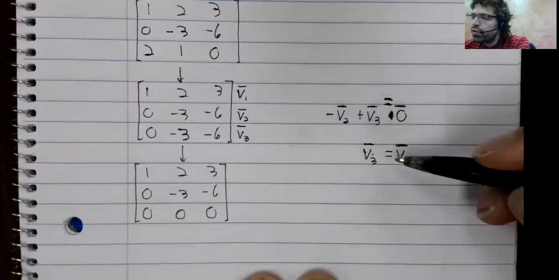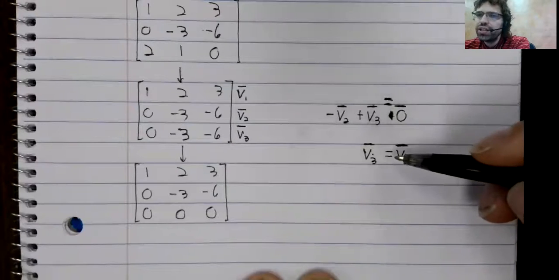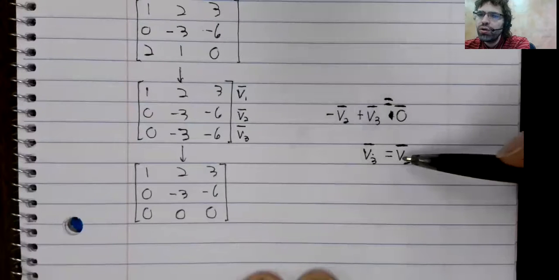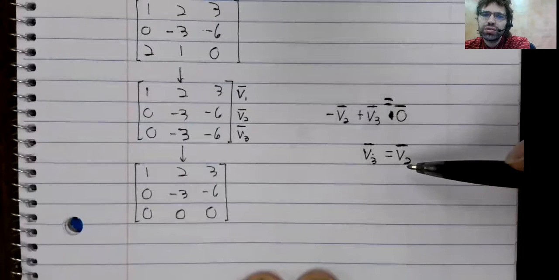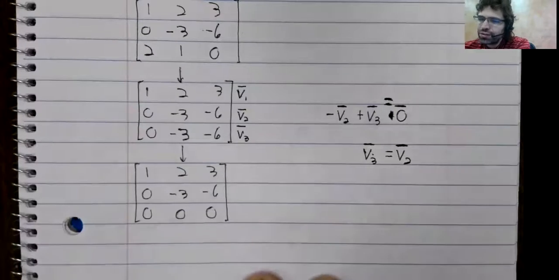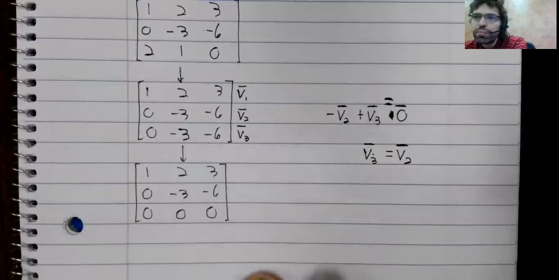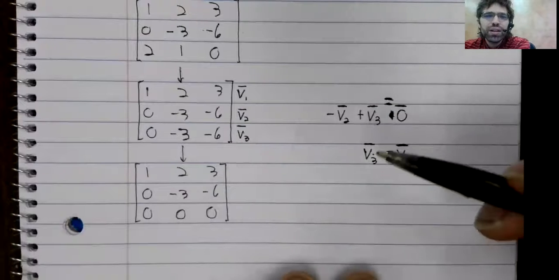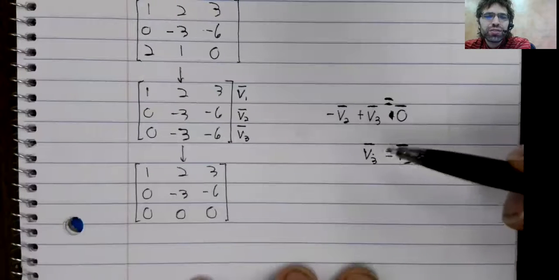The third row is a linear combination of the second row. Sorry, I don't know if you can see this stuff popping up on my screen. If I seem a little distracted, that's why.